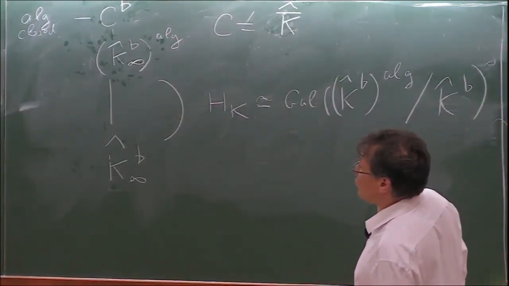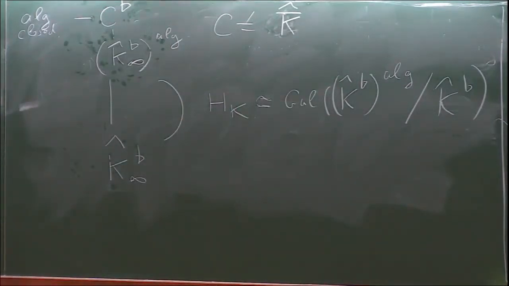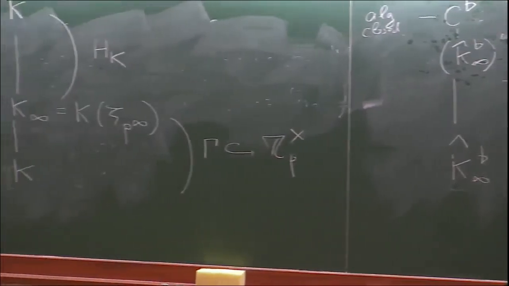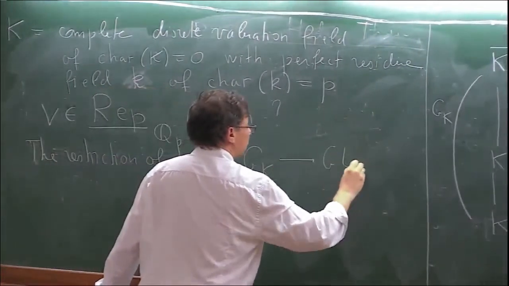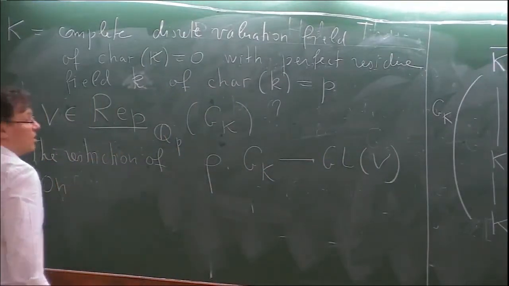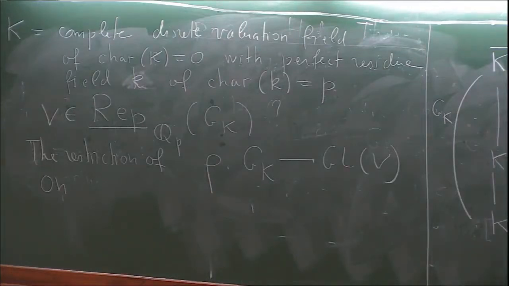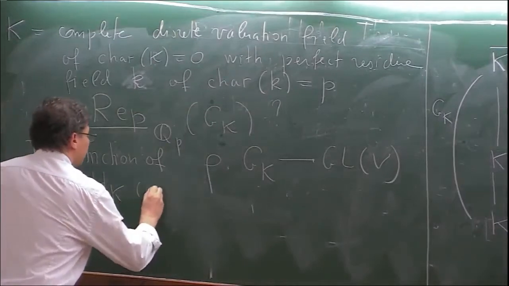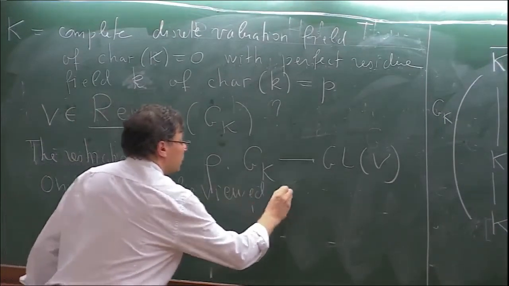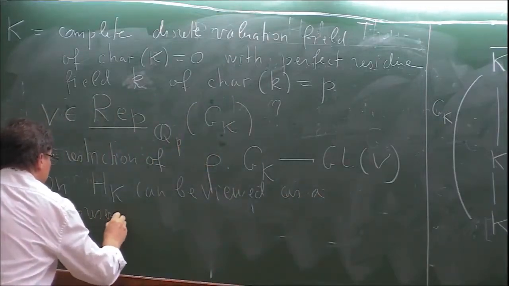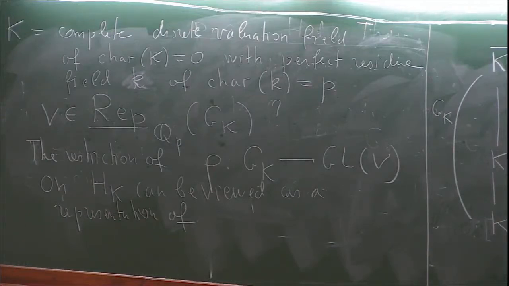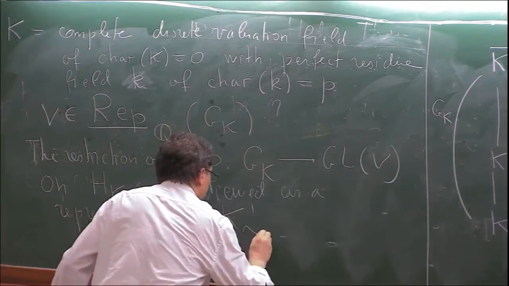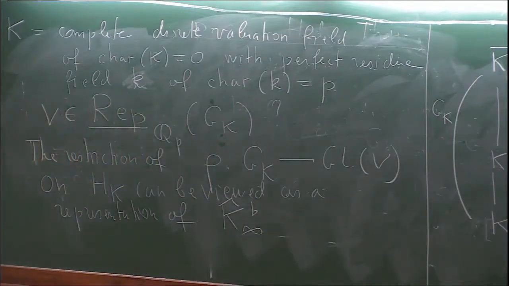Okay. So now if we have a p-adic representation of GK, say V, then the restriction of this representation to HK can be viewed as a representation of the Galois group of a local field of characteristic p, the tilt of K infinity.